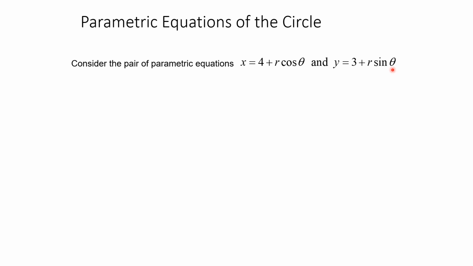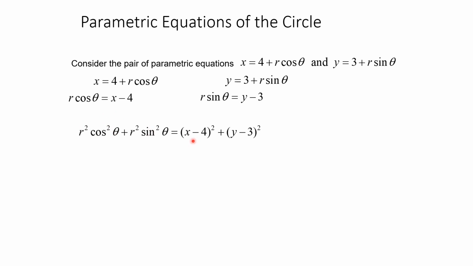So the general equation is (x minus a) squared plus (y minus b) squared equals r squared. So you try to write this in terms of that equation. So you have x and y. So from here you can derive that x minus 4 is r cos theta and y minus 3 is r sin theta. So this is similar to x minus a and this is similar to y minus b.